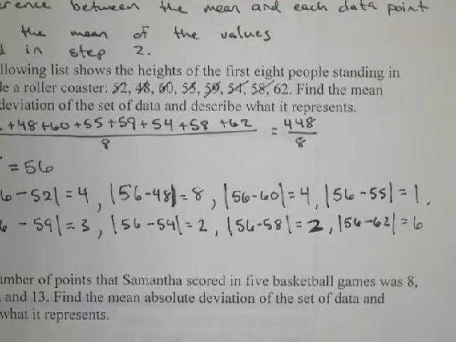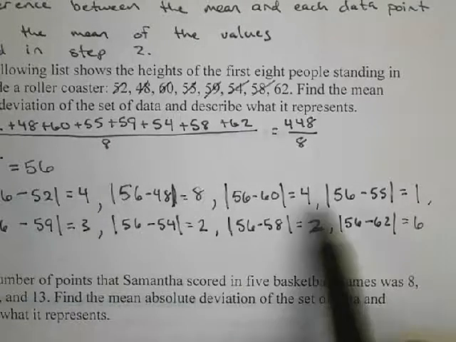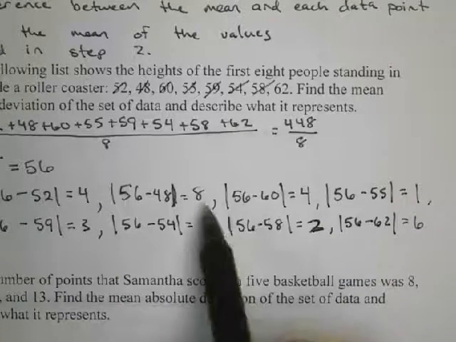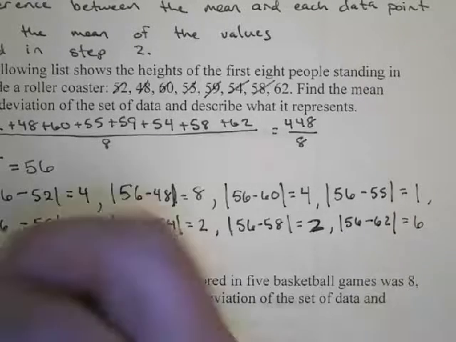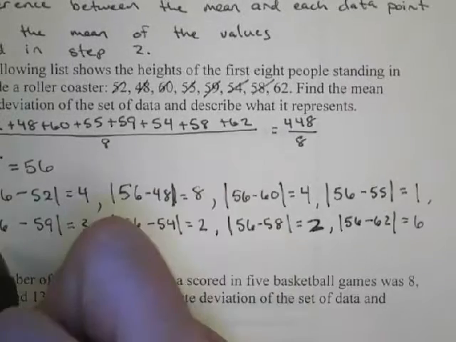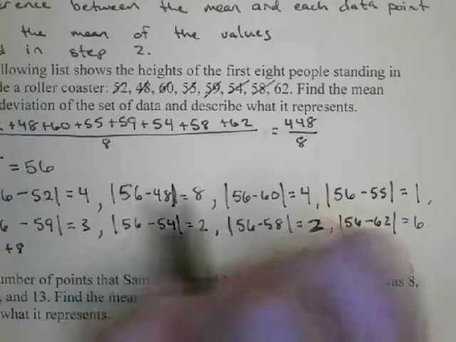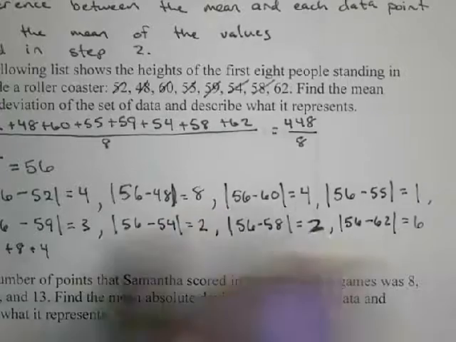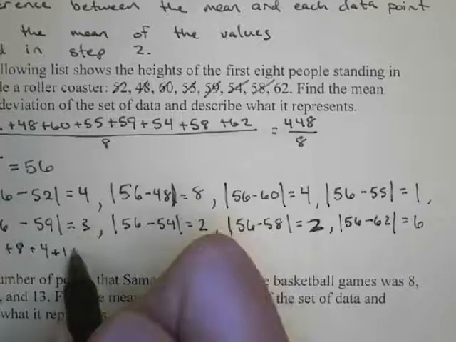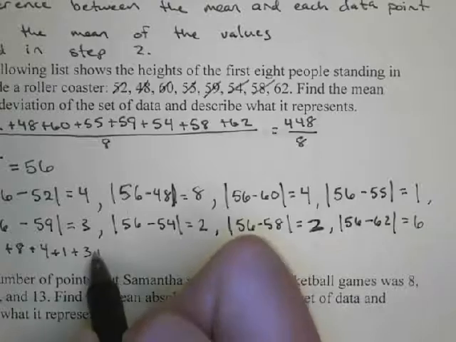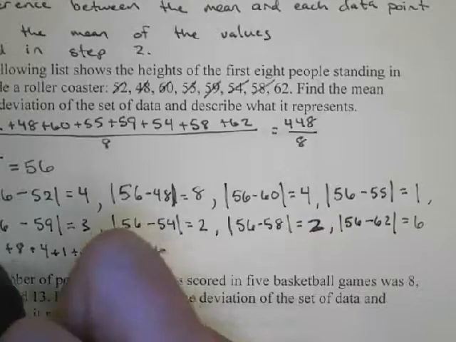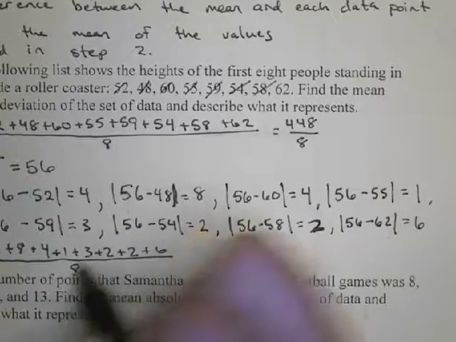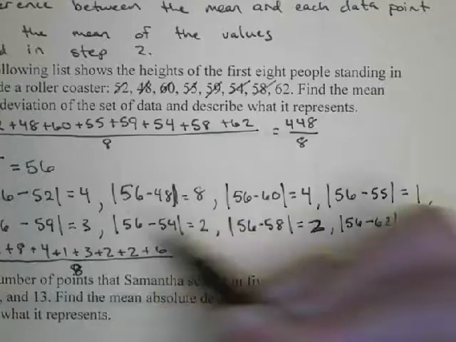So now we're going to find the mean of each one of these results: the 4, the 3, the 8, the 2, the 4, the 2, the 1, and 6. So we'll find the average of those 8 values. And that's step 3. So I have 4 plus 8 plus 4 plus 1 plus 3 plus 2 plus 2 and then plus 6. And then we'll divide that by 8 because there's 8 values.